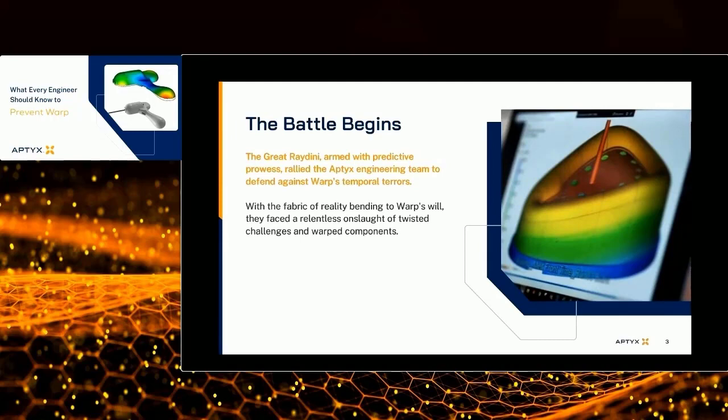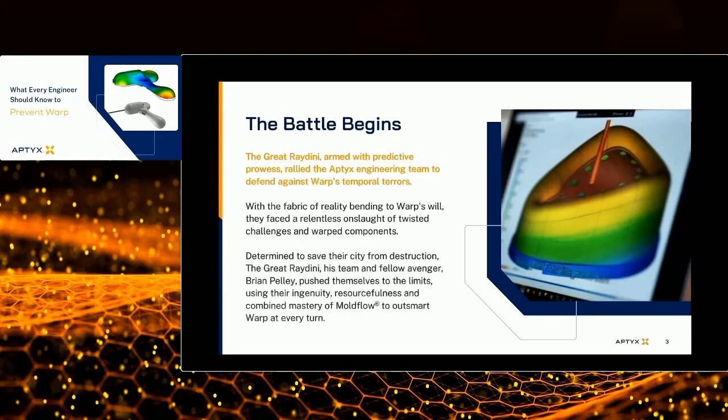With the fabric of reality bending to Warp's will, they faced a relentless onslaught of twisted challenges and warped components. Determined to save their city from destruction, the Great Raydini, his team, and fellow Avenger Brian Pelley pushed themselves to the limits, using their ingenuity, resourcefulness, and combined mastery of Moldflow to outsmart Warp at every turn.